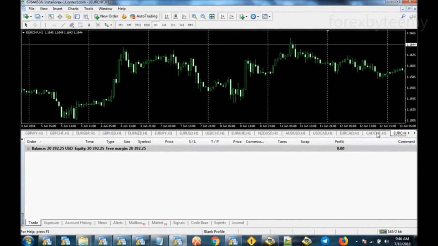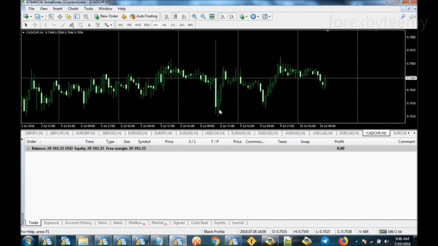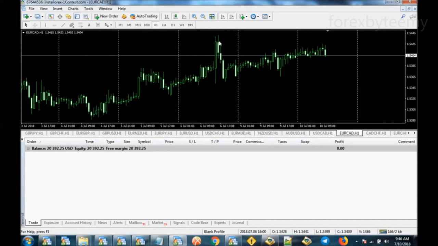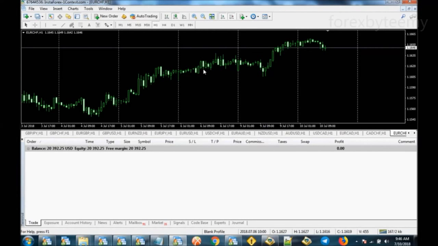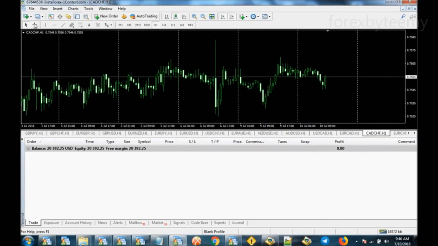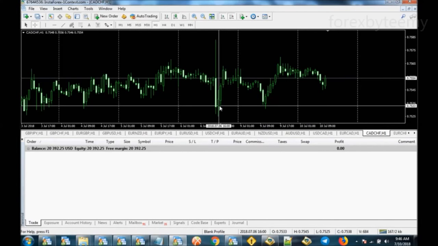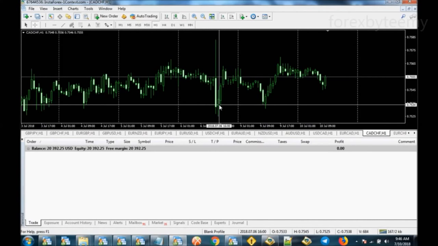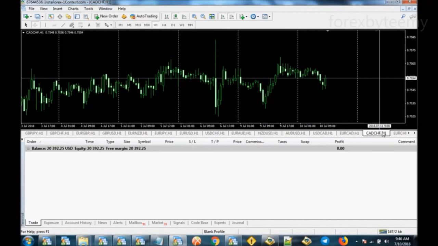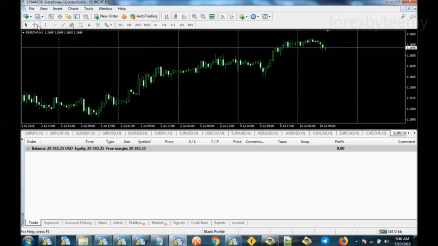At this point, where we're looking at which of them to go for, should we buy CAD CHF or sell EUR CAD? Let's look at what EUR CHF has been doing in that region throughout that period. Let's check the exact time. It happened around 1600 time. So we check the 1600 time and that period.